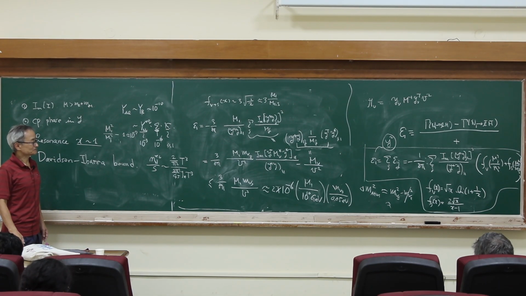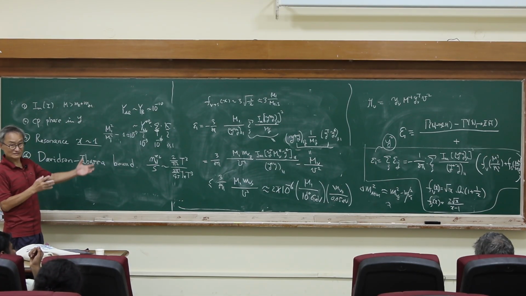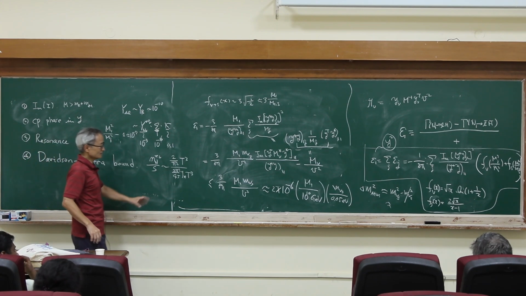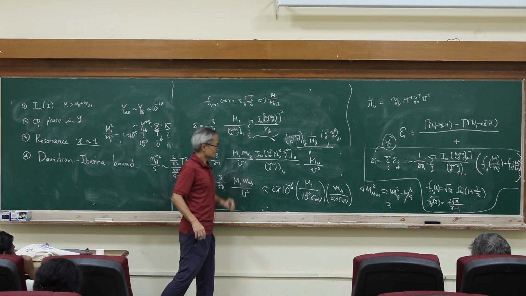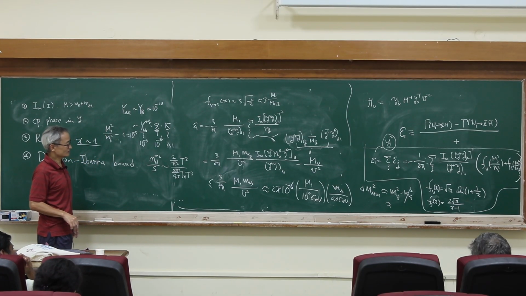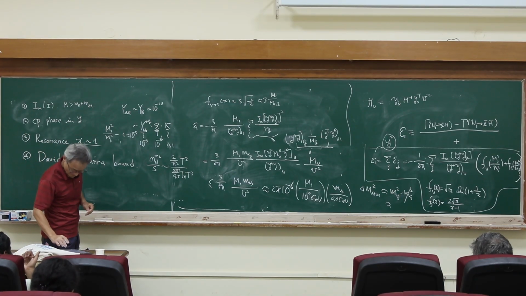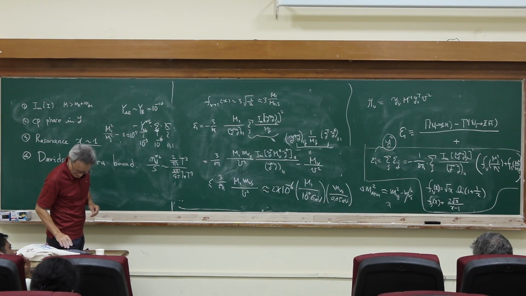So if you have some cosmological scenario predicting some reheat temperature, then you may consider this kind of bound as well. So this is the famous Davidson-Ibarra bound.